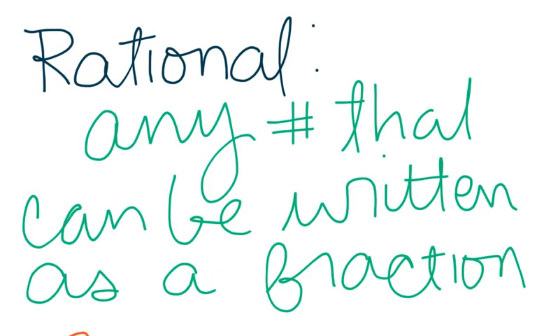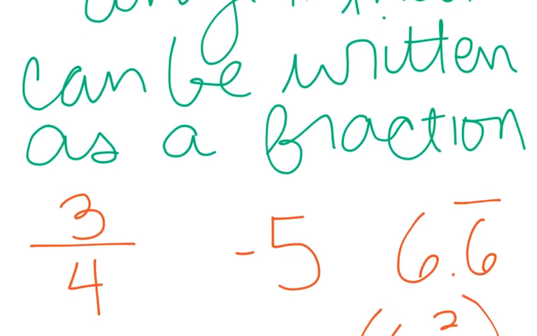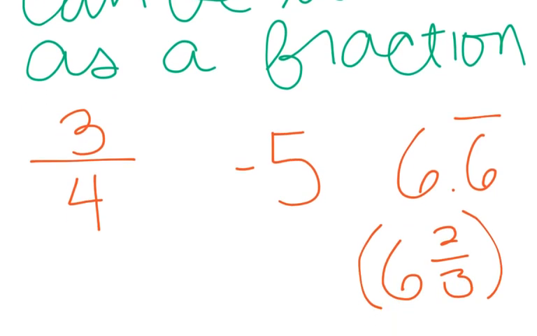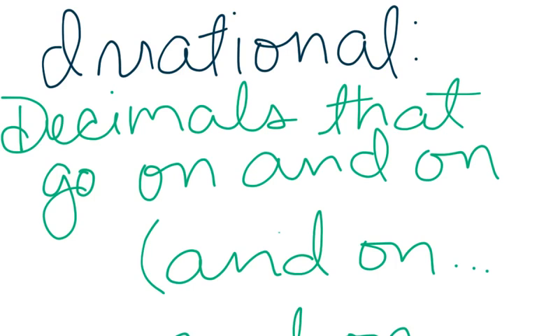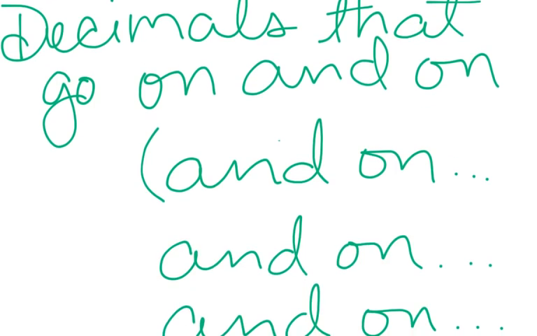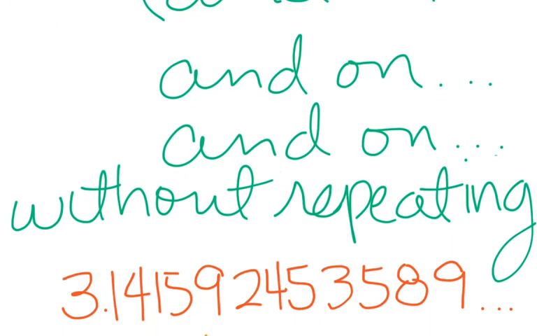So a rational number is any number that can be written as a fraction. For example, 3/4, -5, and 6.6666666 forever, because it can be written as 6 2/3. So any decimal that goes on and on, but has a repeating number, is going to be rational, even though it looks irrational. An irrational number is a decimal that goes on and on without repeating.